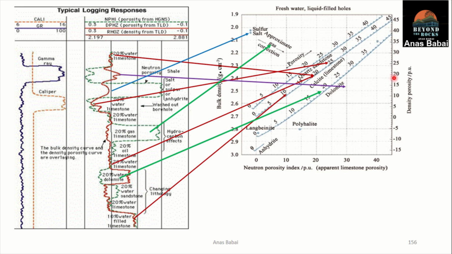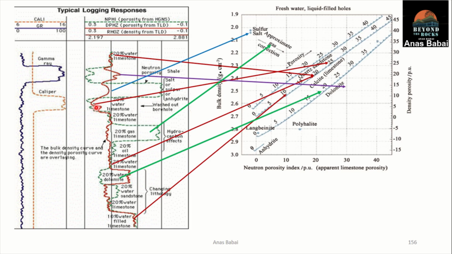This is our 20% density porosity, and this is our 20% neutron porosity. The intersection is this point, this point is 20% limestone. So we know that this formation is limestone with 20% porosity.